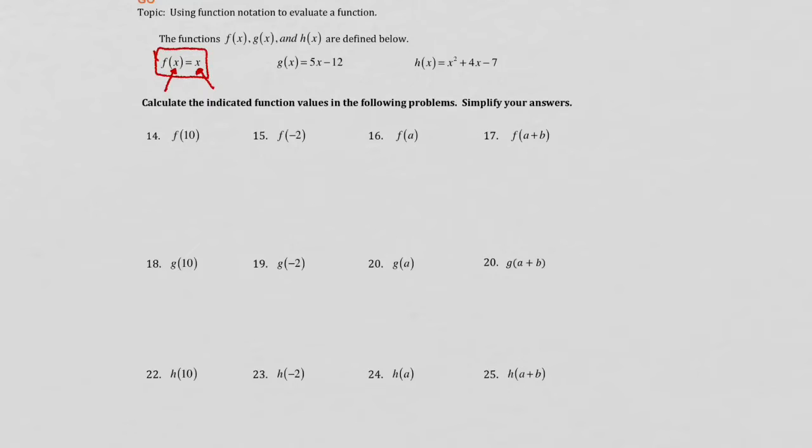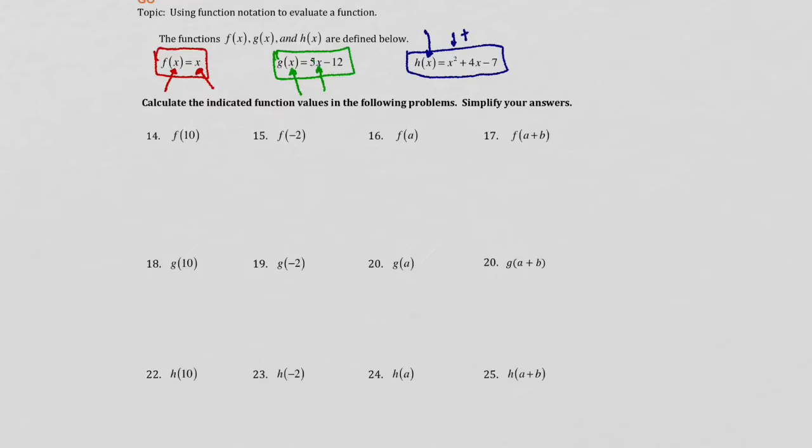Let's take a look at the next one. The next formula tells us the recipe for g. And what g is telling us is that whatever you plug into g, what you're going to get is your value multiplied by 5 and then subtracting 12. And then finally, the recipe of h is whatever we plug into h, what we're going to get back is that value to the second power.